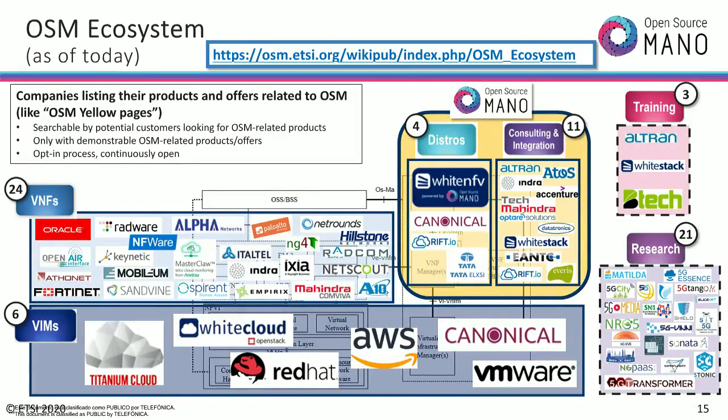Well, in the case of modeling aligned to ETSI, what we are supporting is SOL 006, which is a YANG-based descriptor, which is functionally equivalent to the TOSCA descriptor, and also standard and aligned with ETSI. So that's the path that OSM is following.